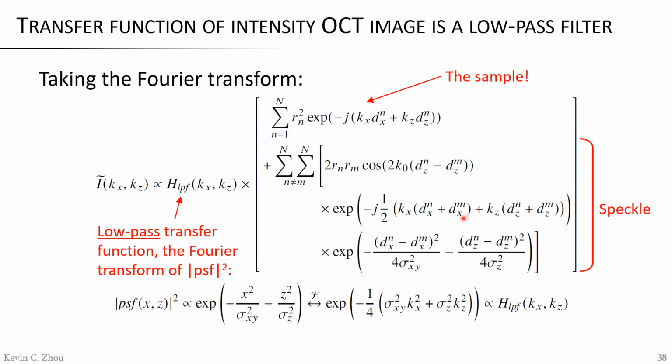And all of this is just interference that contributes to speckle that will get averaged away if you do angular compounding. So in summary, if we assume that the sample is a sum of delta functions, then we can treat the transfer function governing intensity OCT as a low pass filter rather than a band pass. And this is important when we analyze OCRT, which is my next topic.